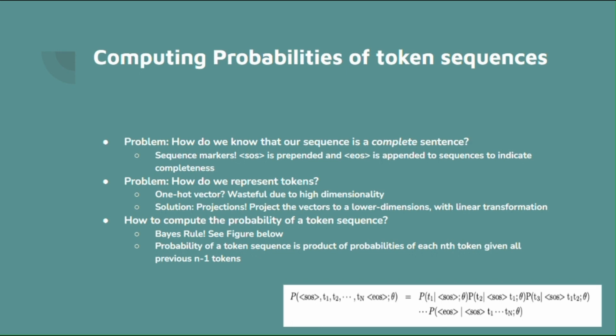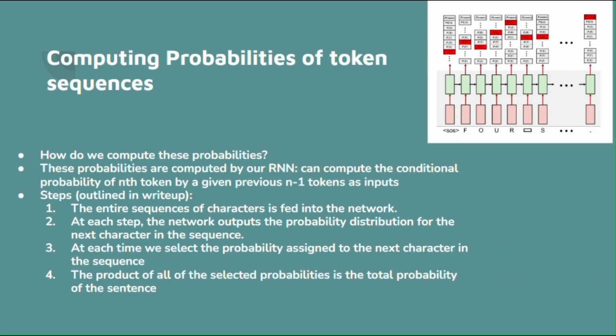Once we have the embeddings for individual tokens in the sequence, consider our sequence SOS, F, O, R, space, S, and so on and so forth. You first get the embeddings of each token in the sequence, then you pass this entire sequence through your language model. Here we are considering the language model to be an LSTM. Then at every time step, you will get a probability distribution over the vocabulary.